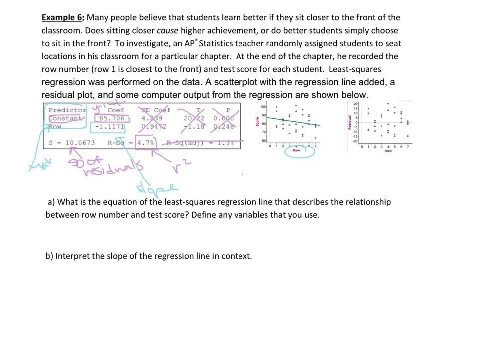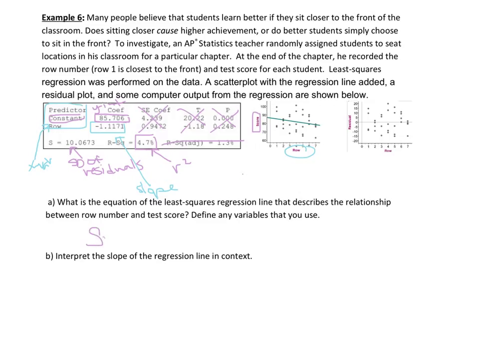And luckily they also told you that your y value is score. So this tells you to define any variables that you use. Actually, that means that's what you would do if you used y equals something plus something times x. But for this case, you can actually just write out your equation with the variables already in it.